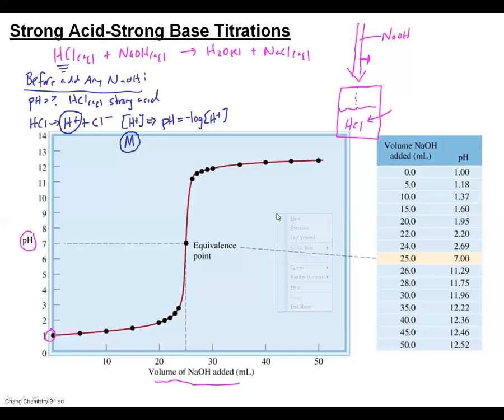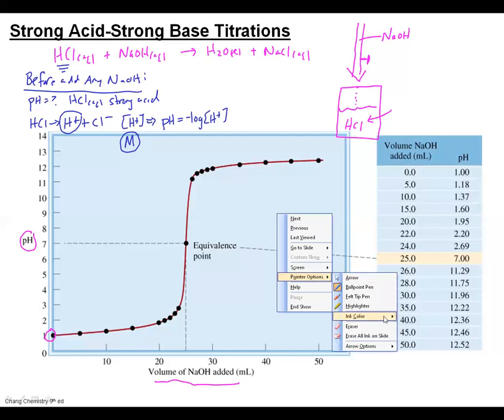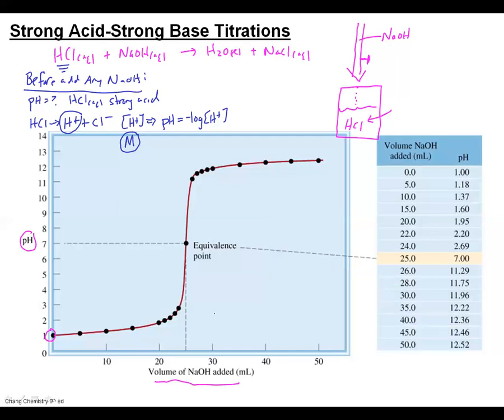Now, if you decide, all right, I'm going to start the actual titration, anywhere in this part of the curve, all the way before you reach the equivalence point, you're actually going to start the titration.